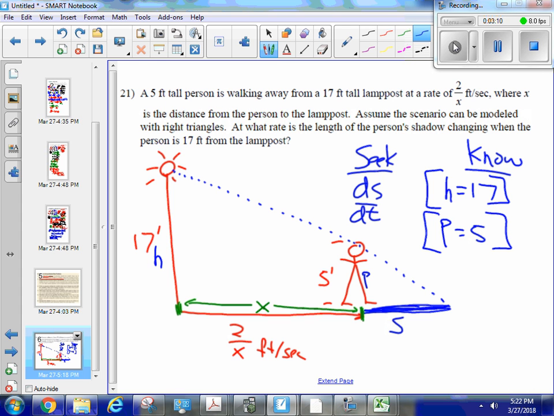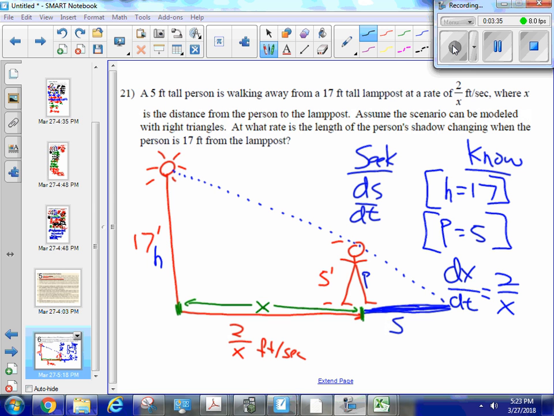His height's going to stay the same. I also know that he is walking away from the lamppost, so the change in x over the change in time is equal to 2 divided by x. So those are the things I know, and I'm seeking ds dt.